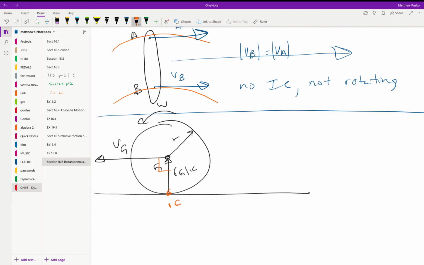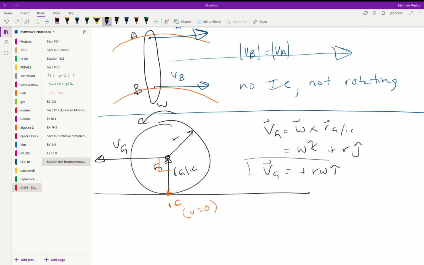Remember a couple videos back, I think I talked about how the velocity was 0 at that instant. We can prove it mathematically too. If the velocity of point G is equal to omega crossed r of G with respect to IC, and omega is in the k-hat direction, and r is in the positive j, I'm going to get a velocity of G equal to positive R omega, and that's something we discovered before.